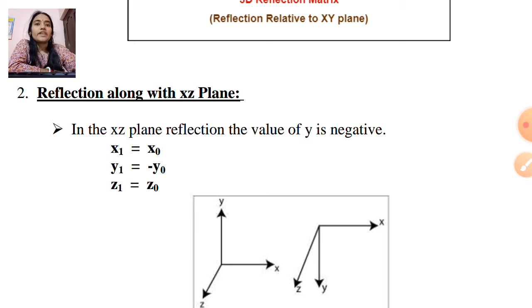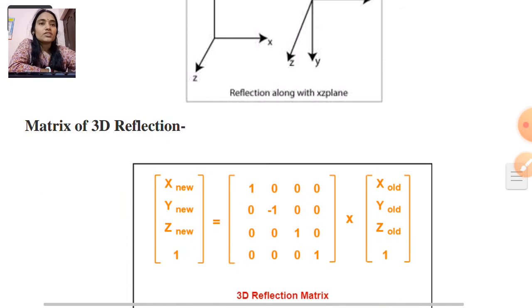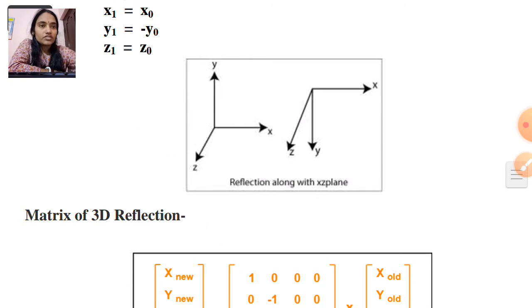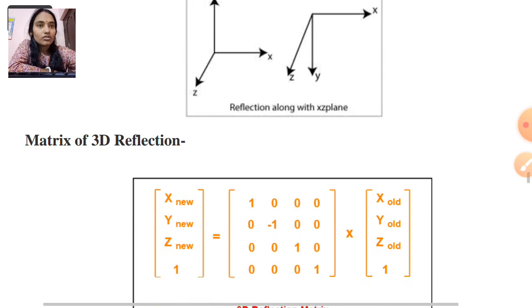So x1 equals x0, y1 equals minus y0, z1 equals z0. This figure shows how the y-axis is positive in the original position, but when we reflect it, the y-axis is in the negative position. So the figure looks like this.